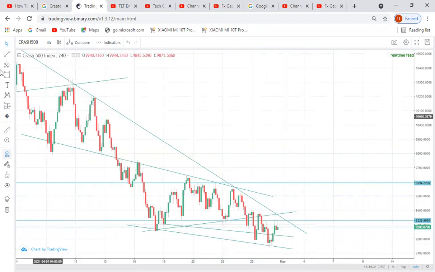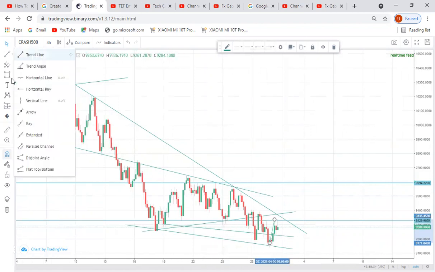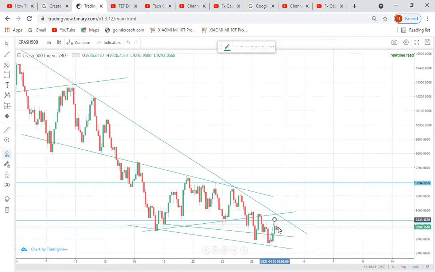So we're expecting a level of pullback. You can see price went there the first time and couldn't break this line because there's a support here, using that as a resistance. So for now, that resistance is still valid.